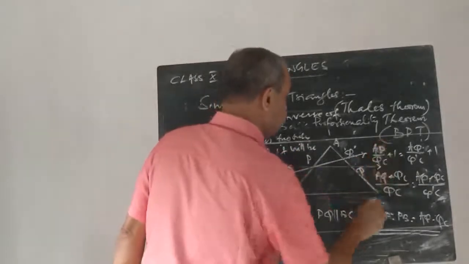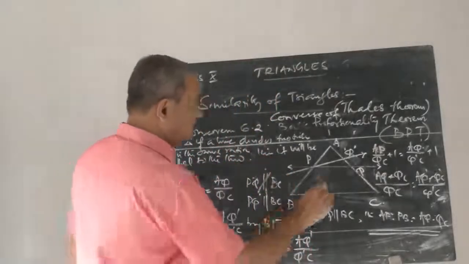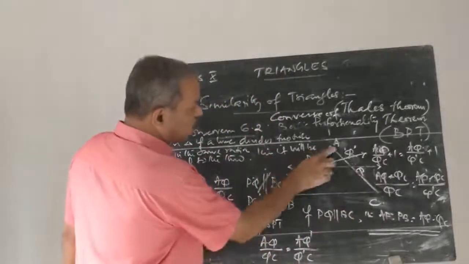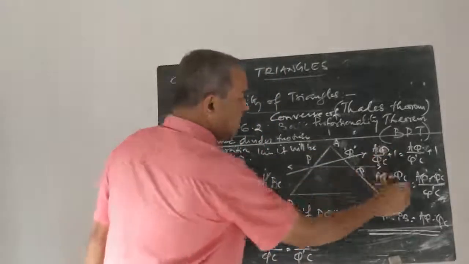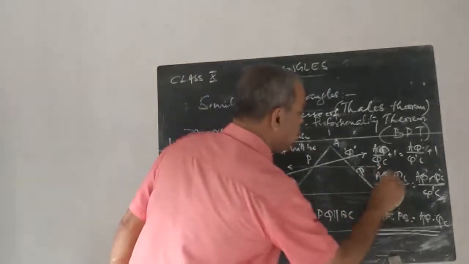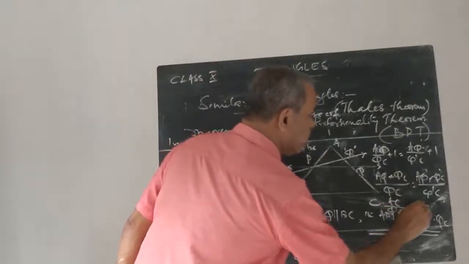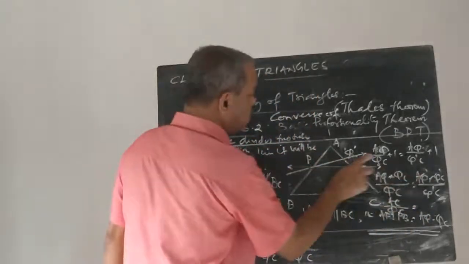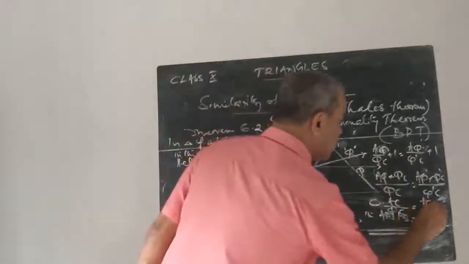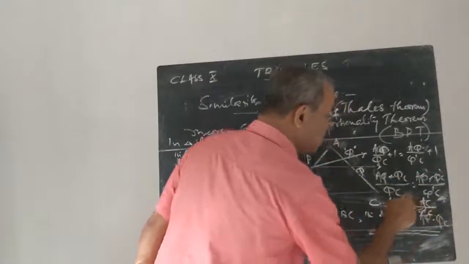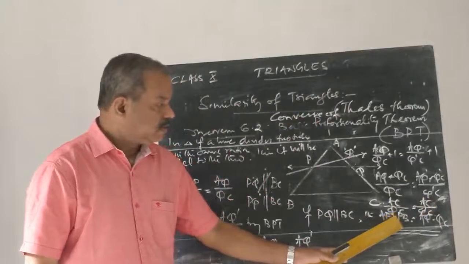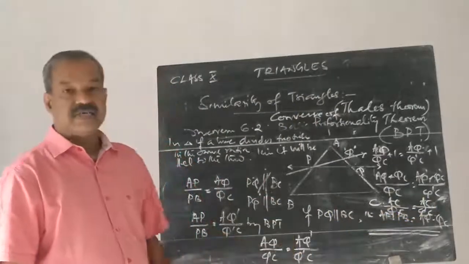AQ plus QC equal to AC. This is AC by QC equal to AQ dash plus Q dash C, which is AC, by Q dash C. Now look, numerators AC equal to AC. Then denominators QC and Q dash C are equal.